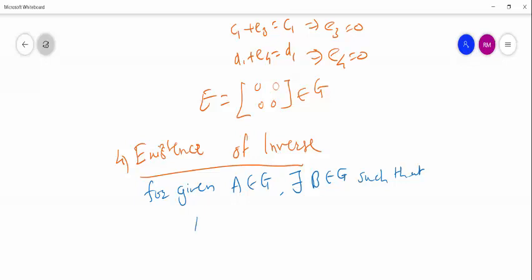Here addition is given. So A plus B is equal to the identity, and we already got the identity from the third property.